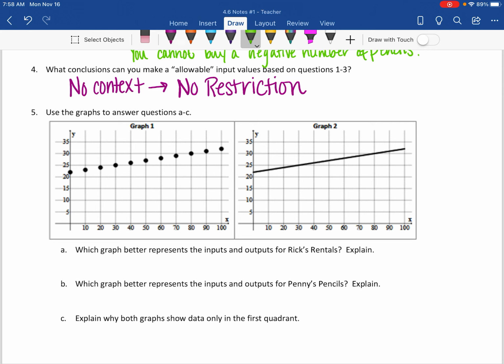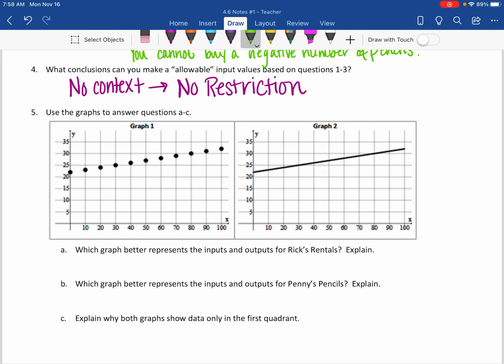Okay, so we know that for Rick's Rentals, we said that it was okay to have 20.5 miles, but it was not okay to have negative miles. So which one of these graphs would better represent the inputs and outputs for Rick's Rentals? What do you think?